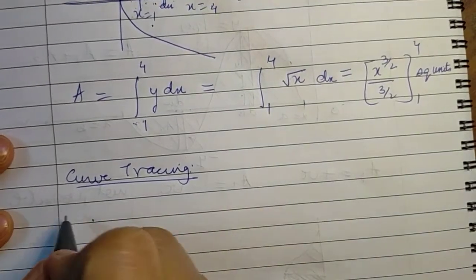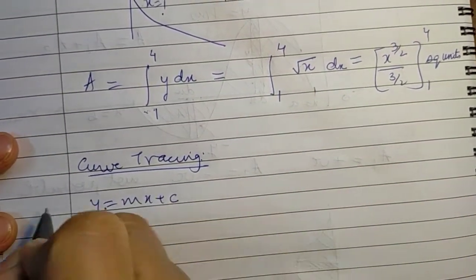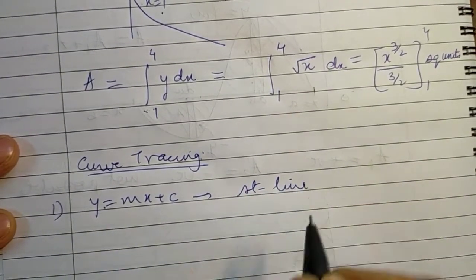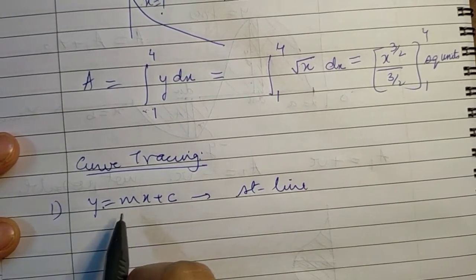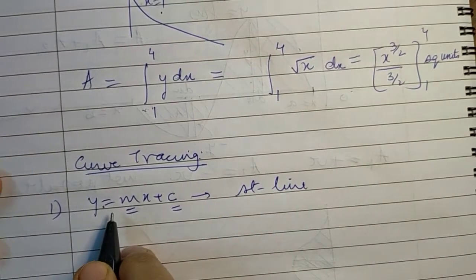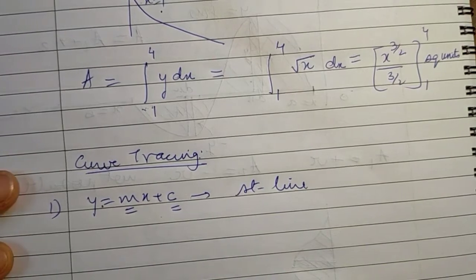First thing is that y equal to mx plus c always represents a straight line, which has slope m and y-intercept c units. This we had done last year.